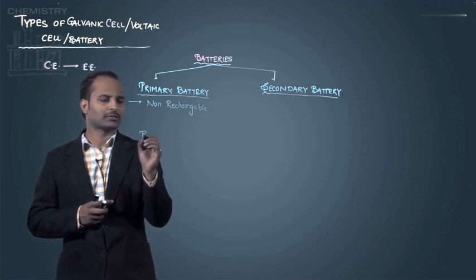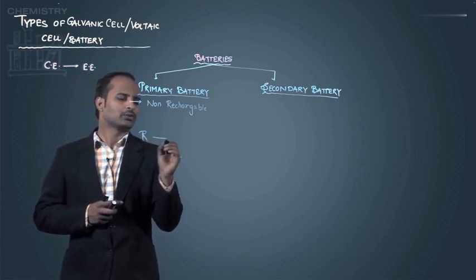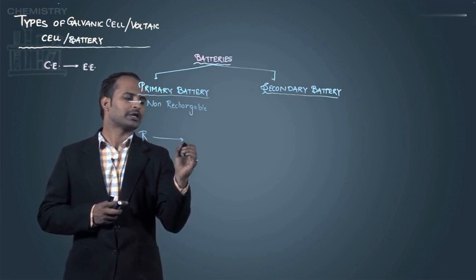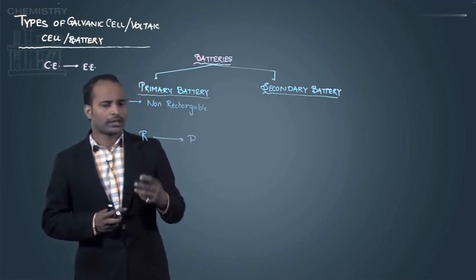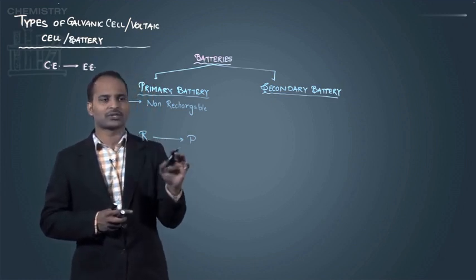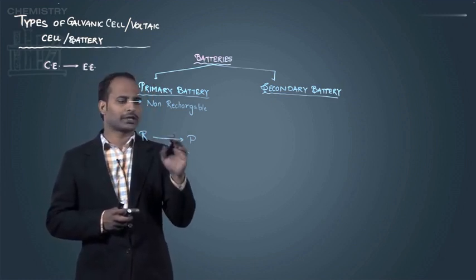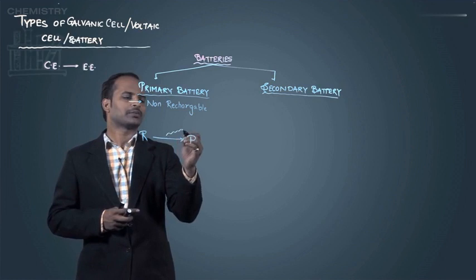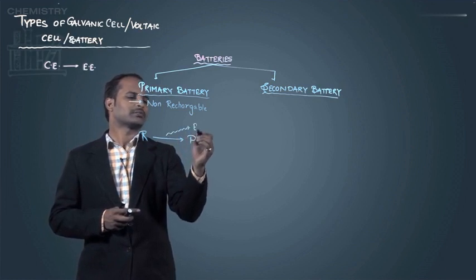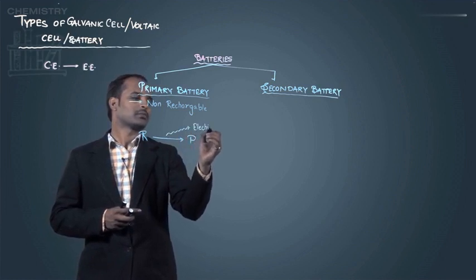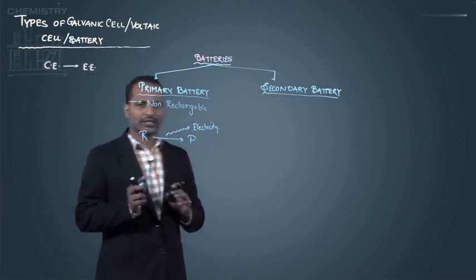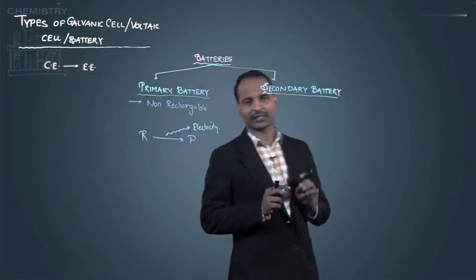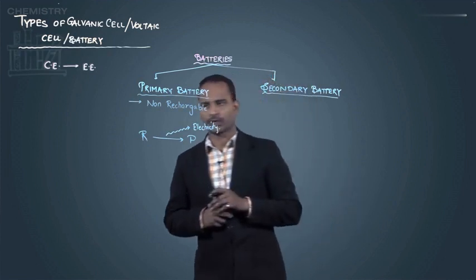Those chemicals are nothing but the reactants, and they undergo a spontaneous reaction, meaning they get converted into product on their own. While the chemical reaction is going on, that is, the reactant is getting converted into product, some electricity is generated. So there is only one reaction taking place, that is, the reactant getting converted into product.